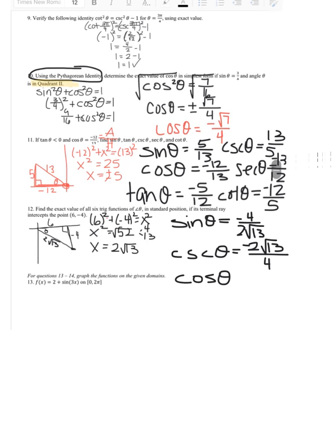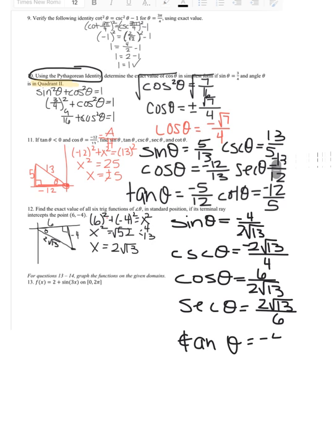Cosine of theta is adjacent, which is 6, over the hypotenuse. Secant of theta is the reciprocal of that, so 2 rad 13 over 6. Tangent of theta is opposite over adjacent, not hypotenuse, and cotangent of theta is the reciprocal of that.